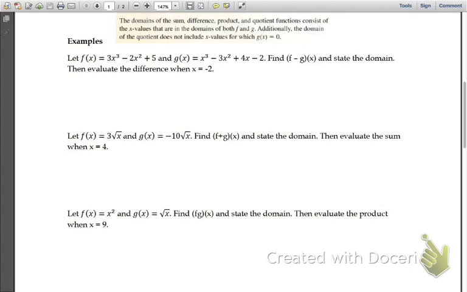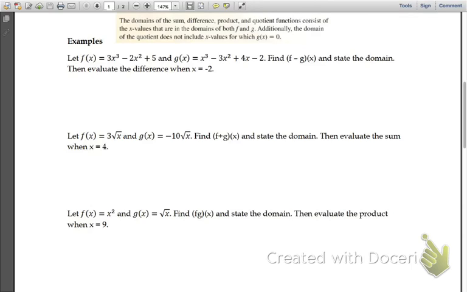You have to rewrite the function of them being combined by its operation, in this case subtraction. Then you've got to tell what the domain is. A large portion of the time, your domain is just going to be negative infinity to positive infinity, or all real numbers. And then you just have to plug and chug negative 2 back into your function.